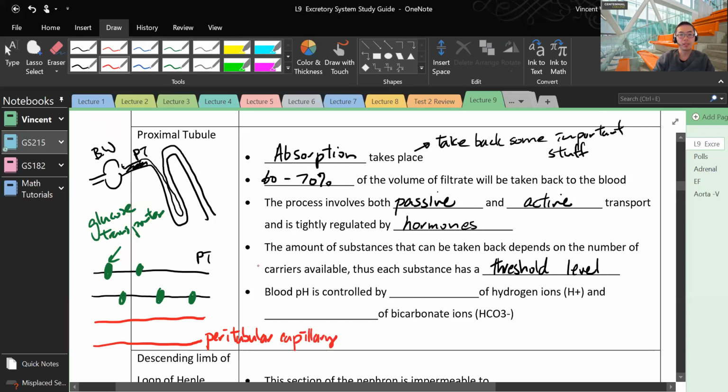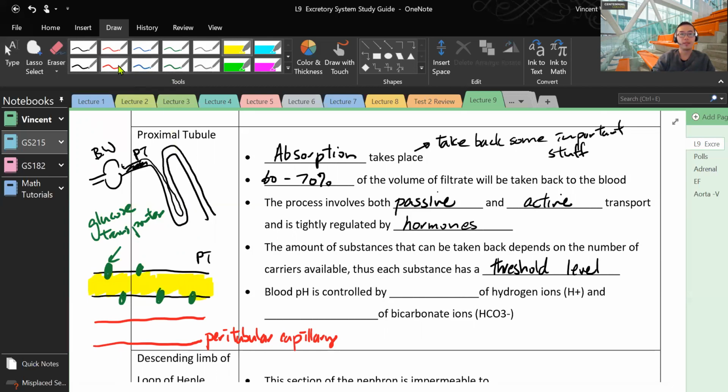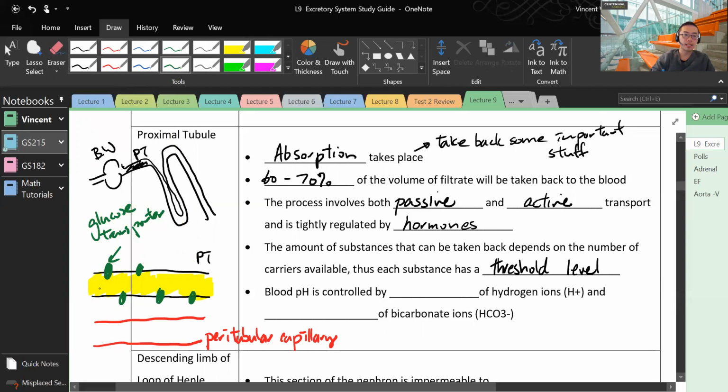Hope you remember. Okay, so let's say the filtrate is coming by now. The filtrate has water, electrolytes, so on and so forth, and then it's going to have some glucose in it. Okay, so we want to take back this glucose. So the transporter will pump the glucose back into the blood. So that's what happens normally. Right? Now, suppose the person has a lot of blood sugar.